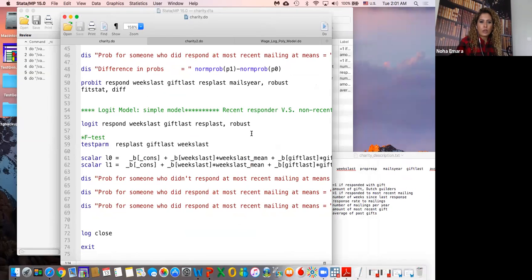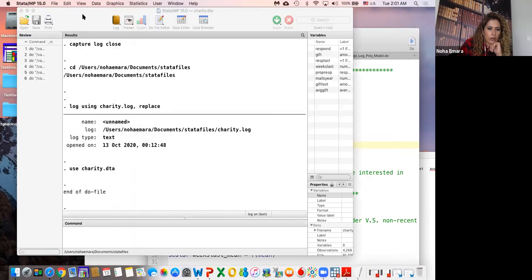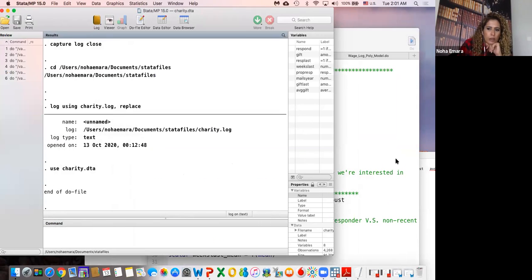Okay, so what we have here is the code that I had screenshots from.